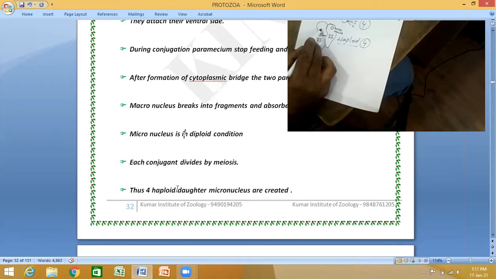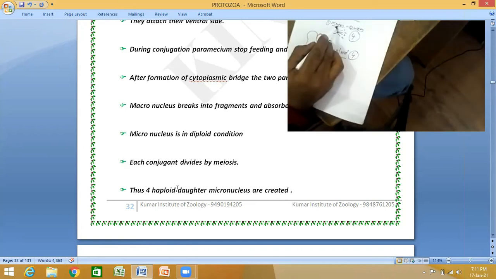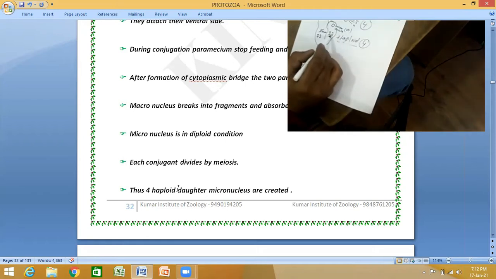In the conjugates, the first division of the micronucleus is a meiotic division. In meiosis, one nucleus divides into four, and the chromosome number is also halved. That is why the micronucleus in the diploid 2n condition creates four micronuclei.